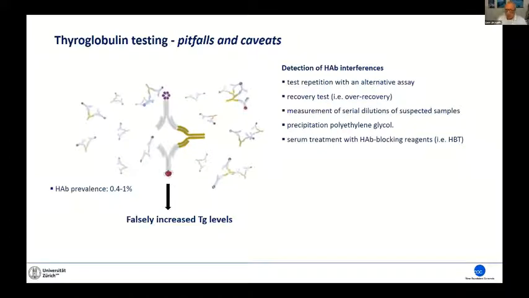Rarely, we can encounter a different type of interference that is due to heterophilic antibodies. These are antibodies physiologically produced against different antigens, for example, animal antigens. They are not pathogenic, but can form a bridge between the capture and tracer antibody in our thyroglobulin assay.